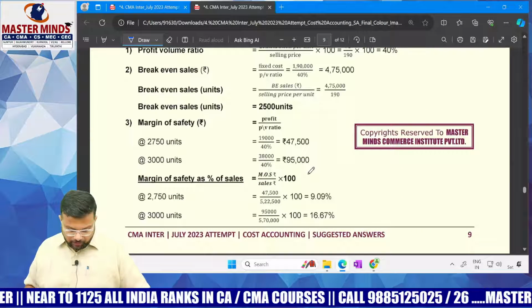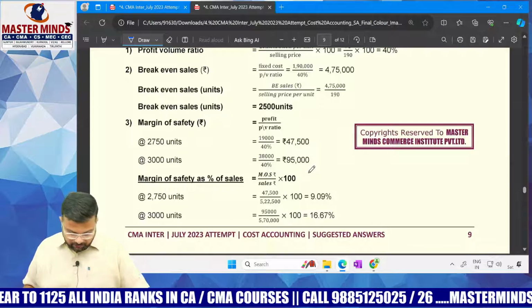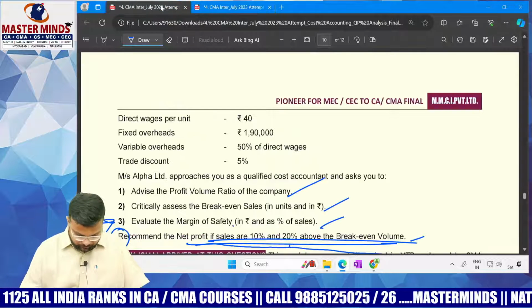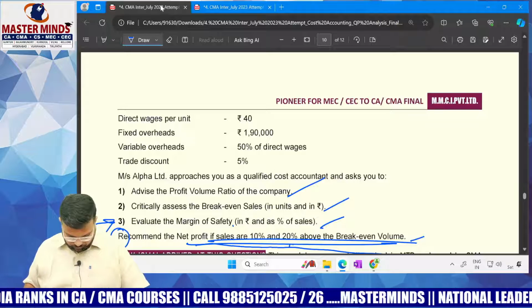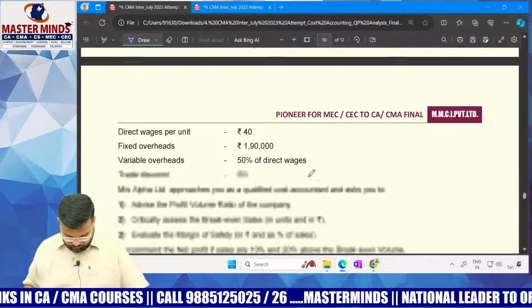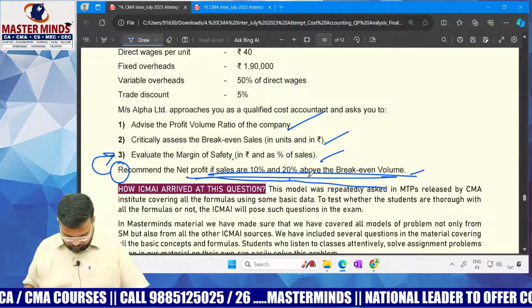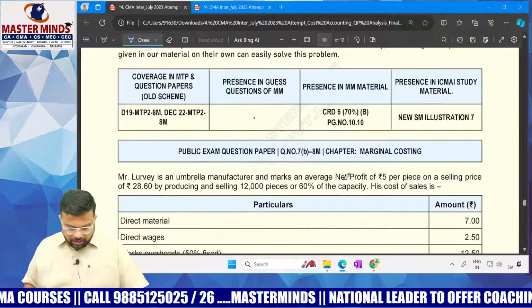Because the formula for margin of safety is profit by PV ratio. Right. This is the question regarding marginal costing.